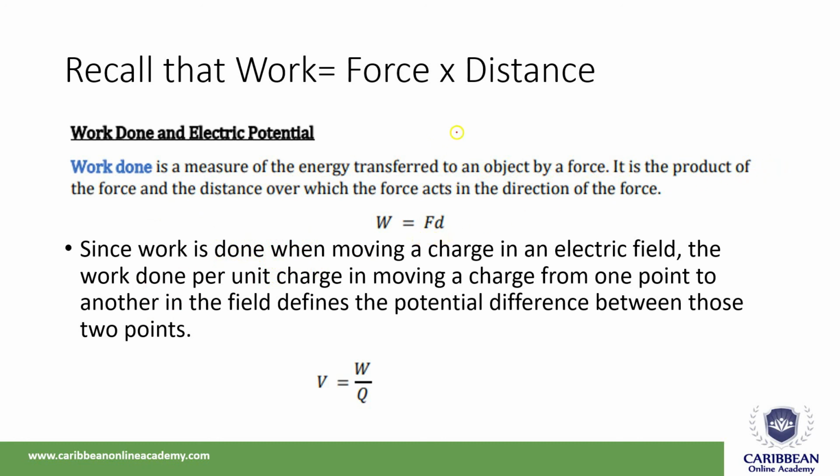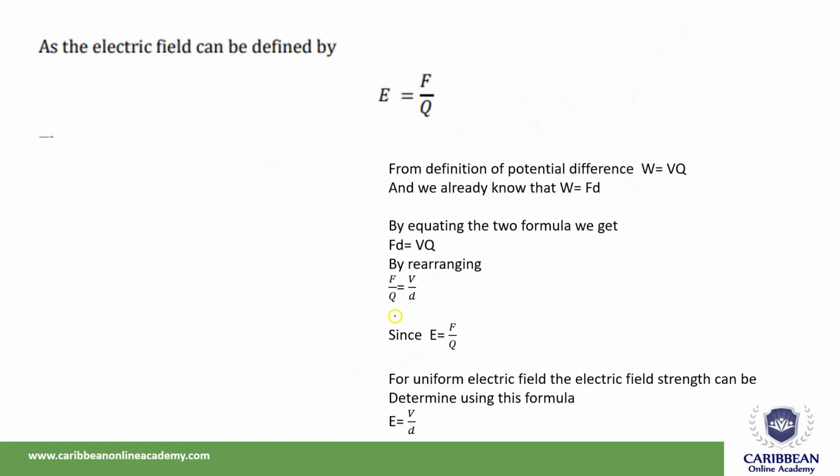We're trying to derive an equation for electric field strength that says E is equal to potential difference upon D, and this equation is for parallel plates, in other words, a uniform field. Since we know that work is equal to force times distance, we can make a substitution.